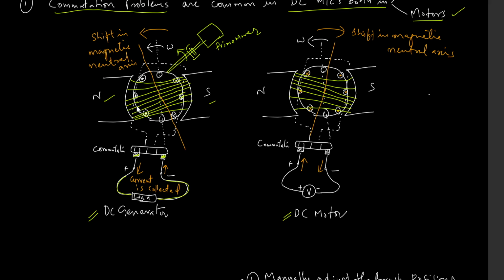So in a generator, the mechanical power supplied to the machine is converted to electrical power output.